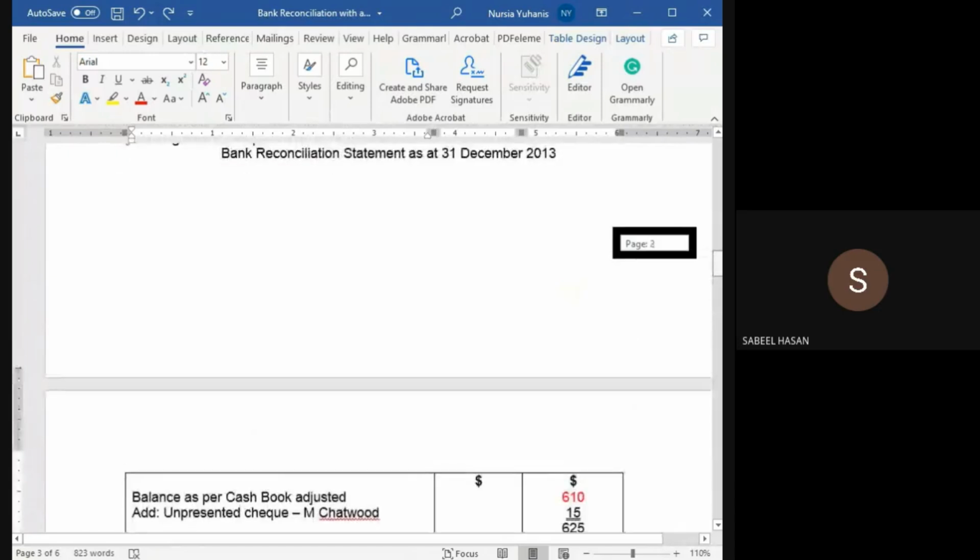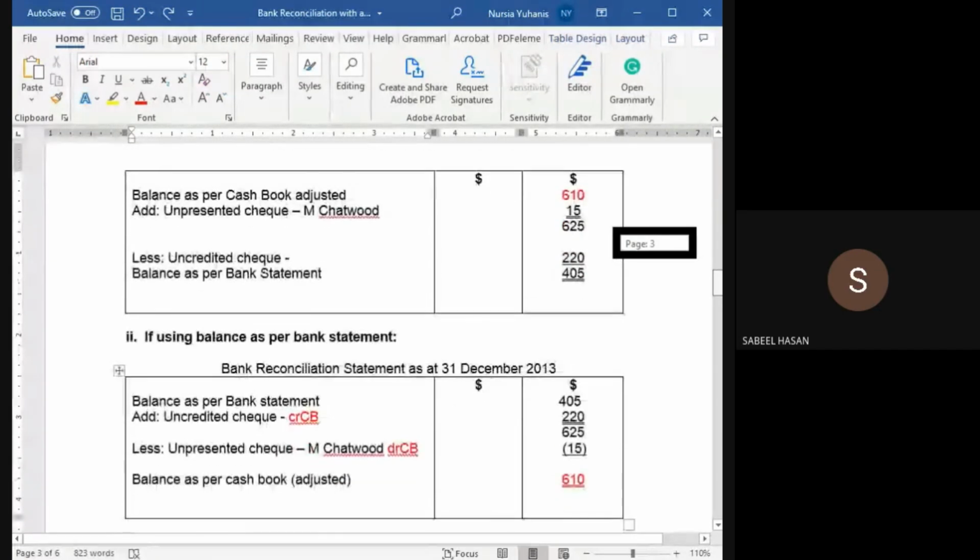Any question for this sample? This exercise, if face to face, then it's better if I ask some of you to come in front and do which item is not there, which item should be added, which item should be minus.